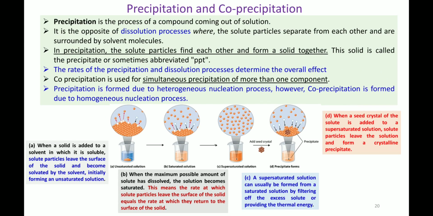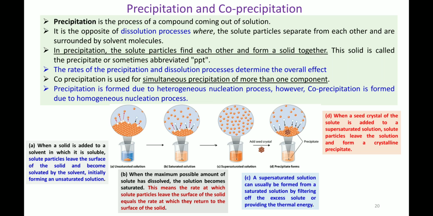So as you can see, it is the opposite of the dissolution process, where the solute particles separate from each other and are surrounded by the solvent molecules. In precipitation, basically the solute particles find each other and form a solid together.